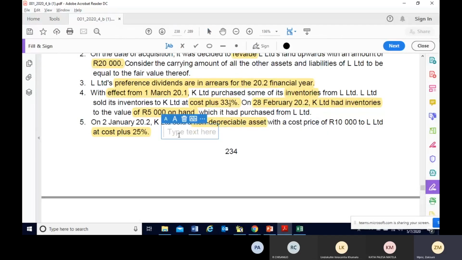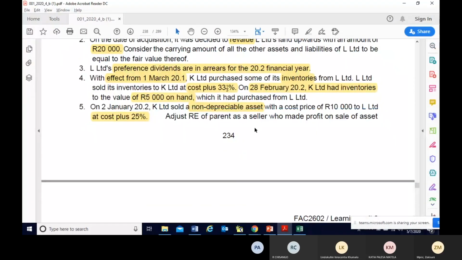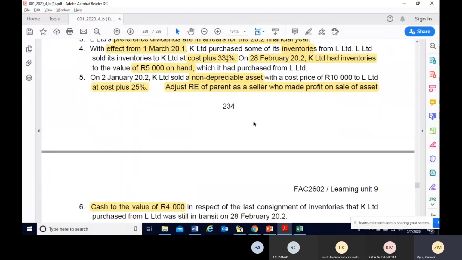Here we are going to adjust the retained earnings of the parent as a seller who made profit on sale of asset. That's why we do this here, because we're only adjusting for a parent and not a subsidiary.